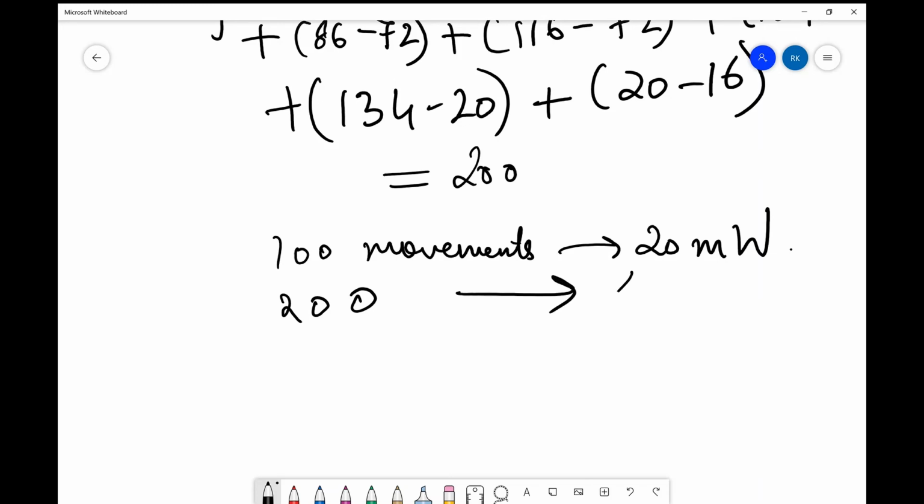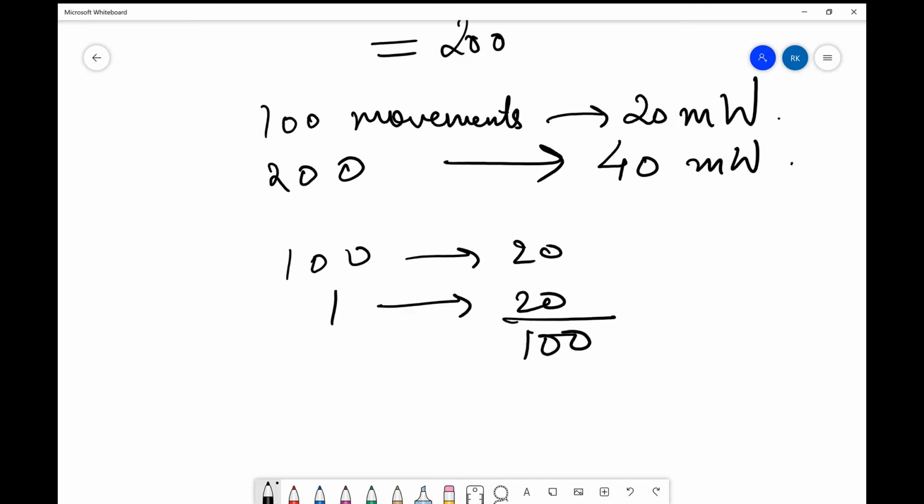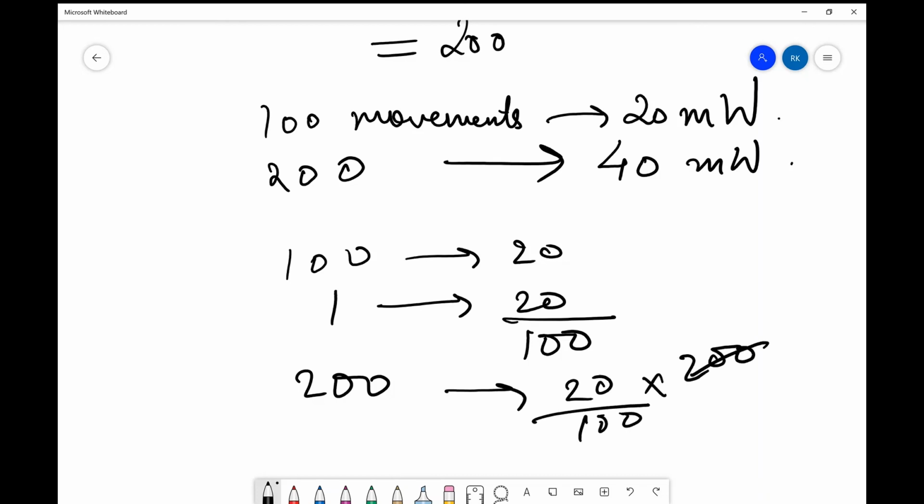Just double of it, so 40 milliwatts, right? You can also use the unitary method to do that. Like for 100 it is 20, so for 1 it will be 20 by 100, and for 200 it will be 20 by 100 into 200. So this way also it comes out to be 40.